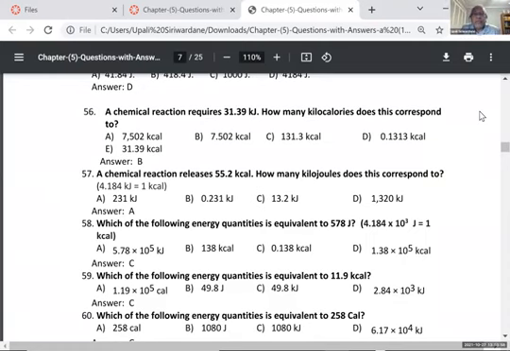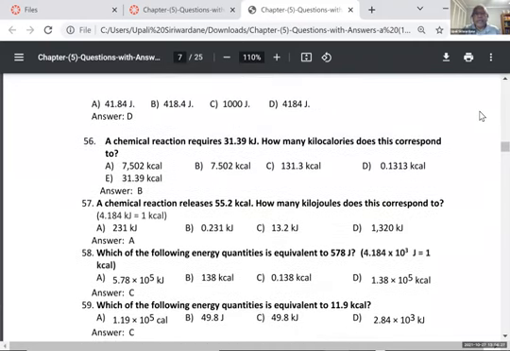It's roughly equal to B. Let me do it. 31.39 divided by 4.184.